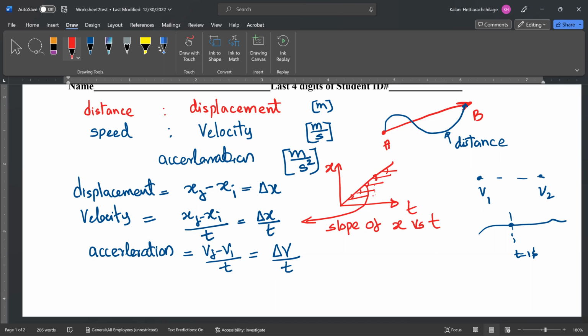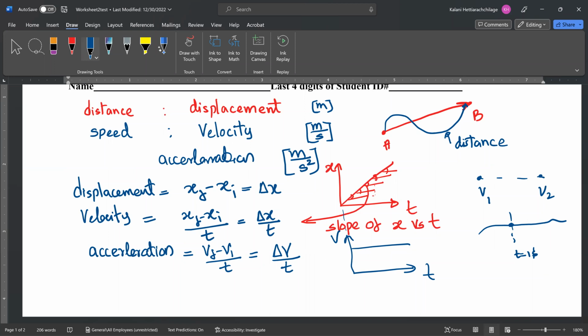So the slope in this case is definitely a constant. That means velocity for this graph is constant. If I draw a velocity graph on exactly this time interval, velocity is a constant. It is a positive slope, positive velocity. If I know the numbers, I can calculate it. That's the definition of the velocity.